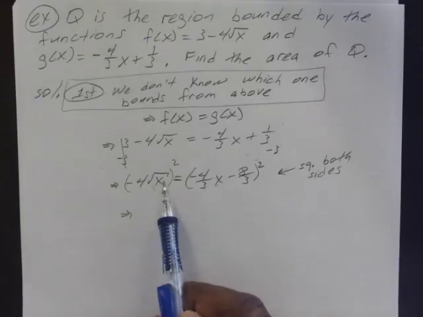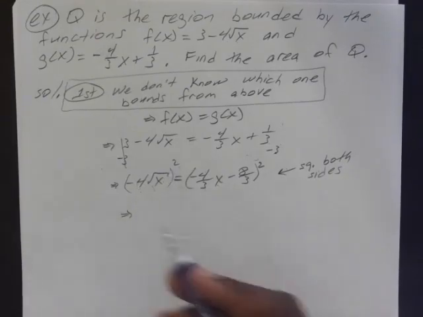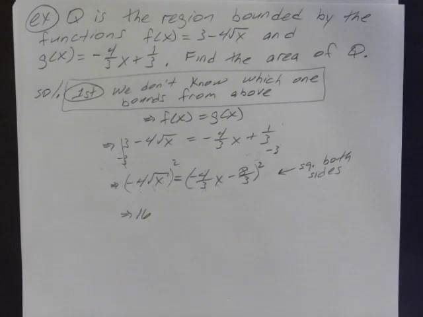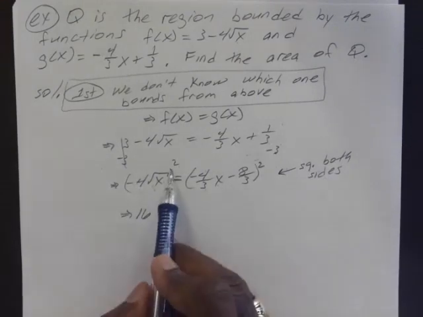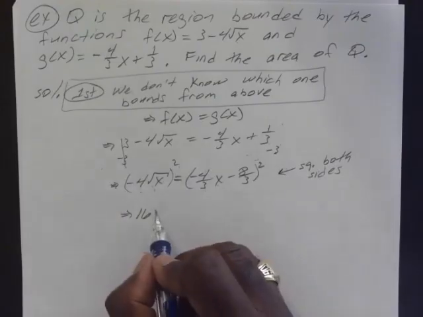So negative 4 times the square root of x squared. Well, negative 4 squared is negative 4 times negative 4, which is 16. And square root of x squared, well, the square and the square root cancel each other out, so that's just x.